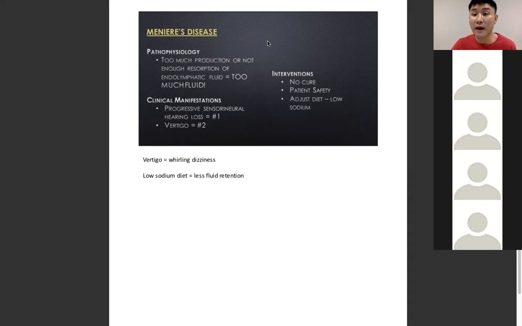If the patient has a high sodium diet, they will retain water in the body and also in the ear, which worsens the disease. So: low sodium diet, clinical manifestations are vertigo and hearing loss, no cure, and the pathophysiology is too much endolymphatic fluid or not enough reabsorption of this fluid. Should be easy to remember, right?